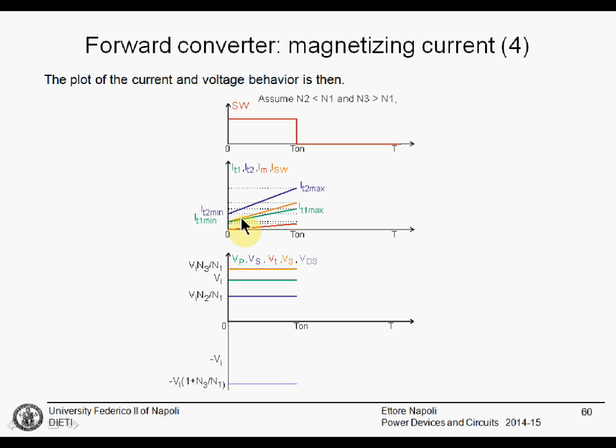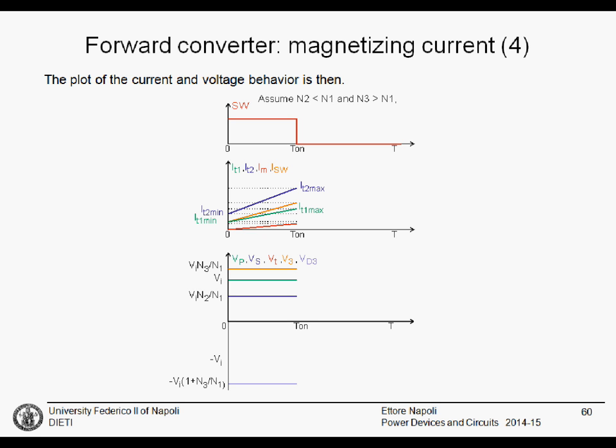Then we have the IT1, the current at the primary, that also increases because it is proportional to the load current, and however will be scaled down or up by the N2 divided N1 ratio, that in this case says that the current in the primary is smaller.